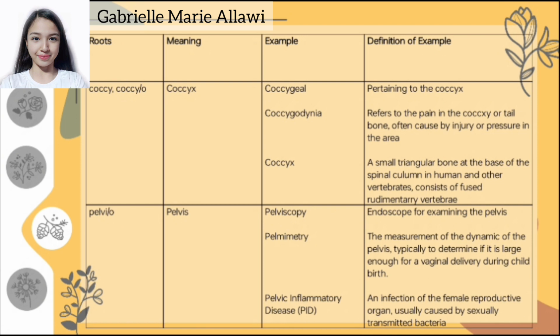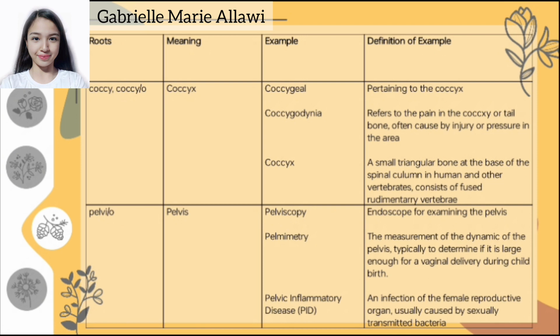This condition can result from injury, trauma, or inflammation in the coccyx area, causing localized or radiating pain, especially during sitting or movements that stress the tailbone. Treatment may include pain management, physical therapy, or in severe cases, surgical interventions. It's essential to consult a healthcare professional for proper diagnosis and management.